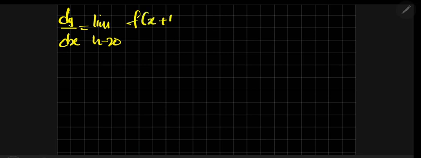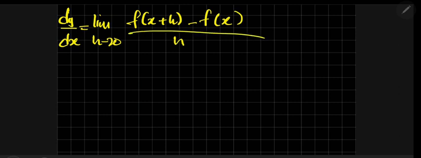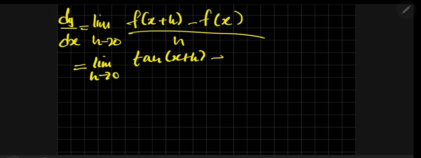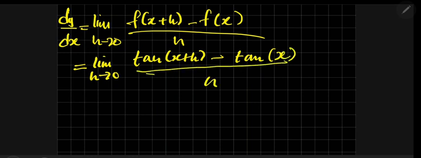So remember, first step, write the general formula. Alright, and replacing, I'm sure now you've gotten the hang of this, will be tan of x plus h minus tan x over h.